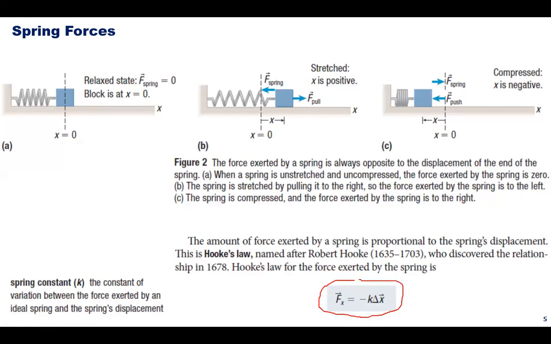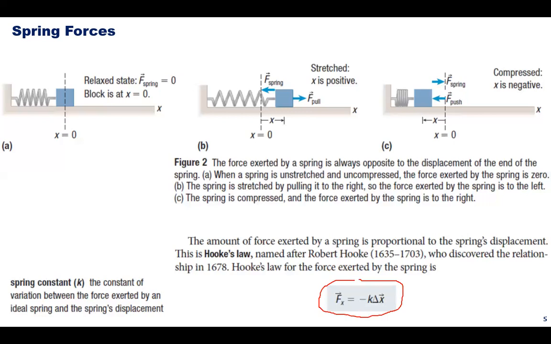In this equation, Fx is the force exerted by the spring on whatever stretches it, and delta x is the displacement of the spring from its unstretched equilibrium position.